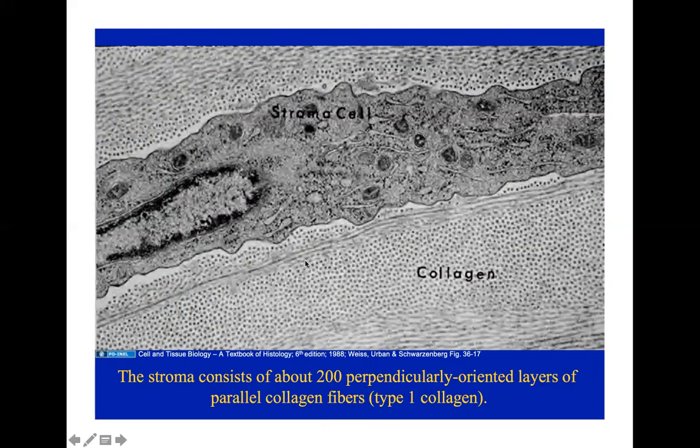So this is what we mentioned, consisting of type 1 collagen with perpendicularly oriented layers that usually maintain the transparency of your cornea. So you have here your collagen fibers in a matrix, and these are your stromal cells.